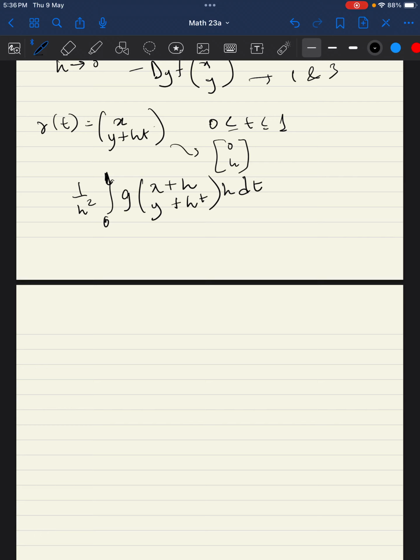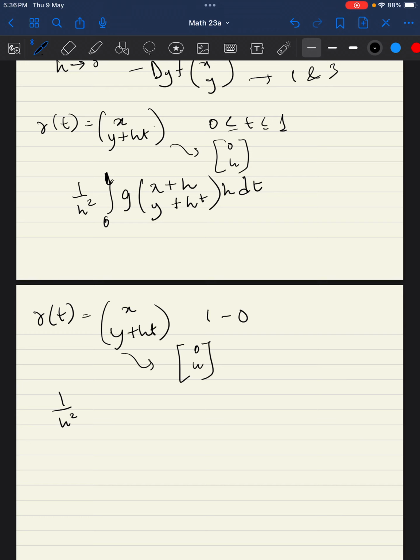Similarly, in the other case, gamma t is going to be equal to x, y plus ht going from 1 to 0, and the Jacobian for this thing is going to be 0, h, and the contribution is going to be 1 by h squared, 1 to 0, g of x, y plus ht, h dt.